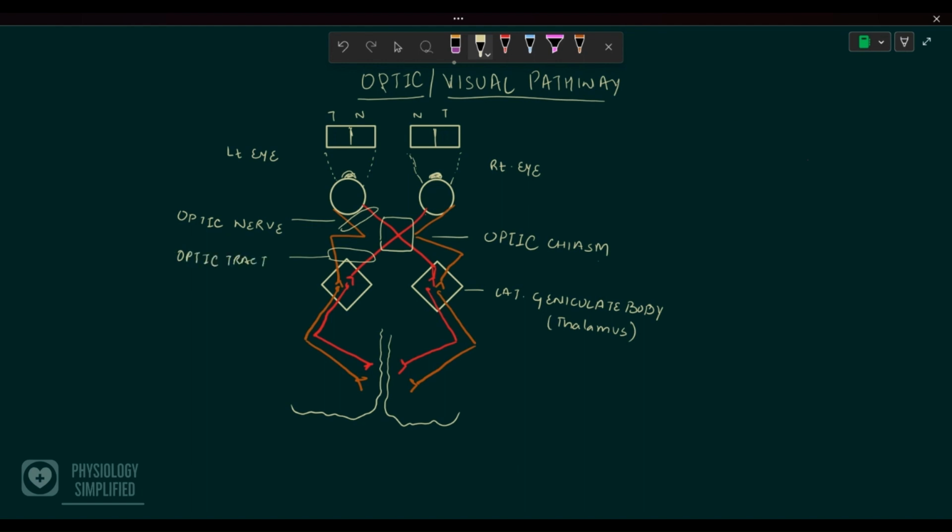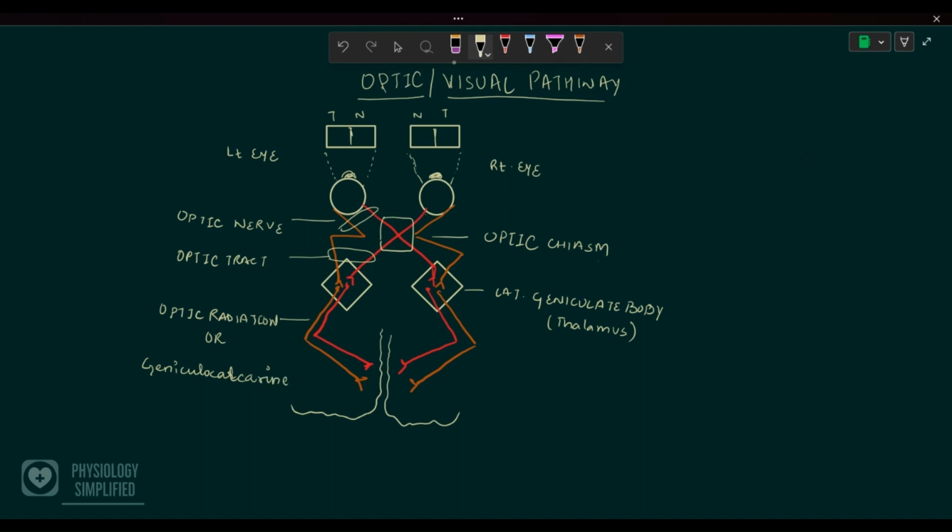Leaving the geniculate body, these neurons are known as optic radiation, or because they're originating from the geniculate body, they are known as geniculocalcarine tract.